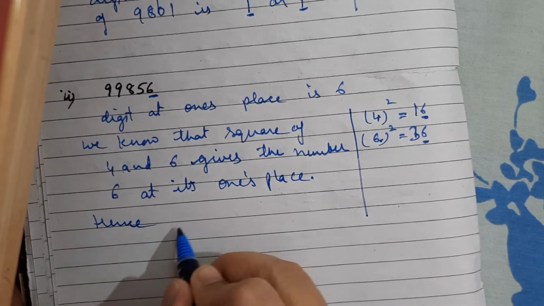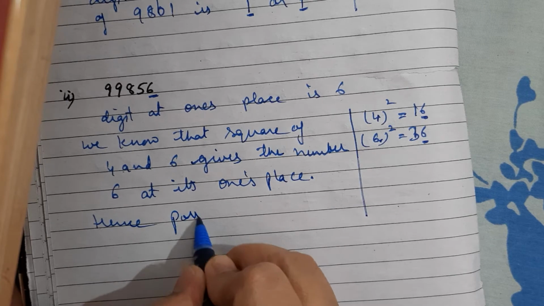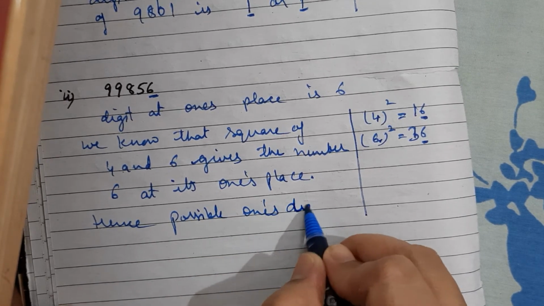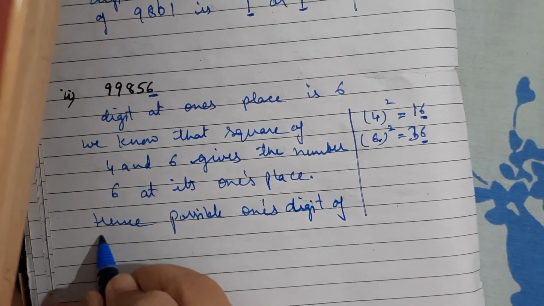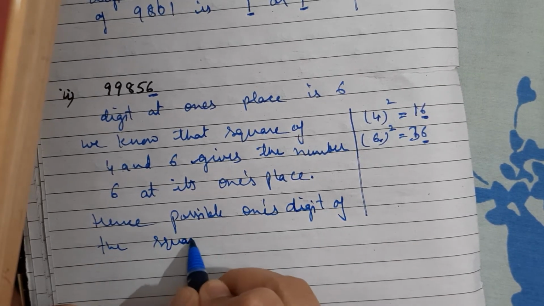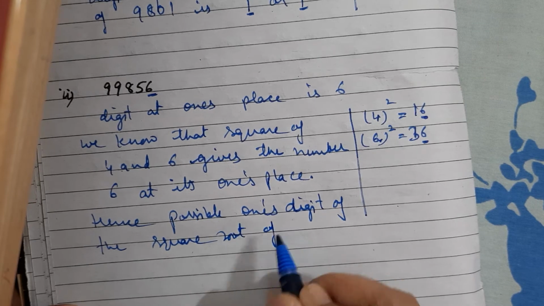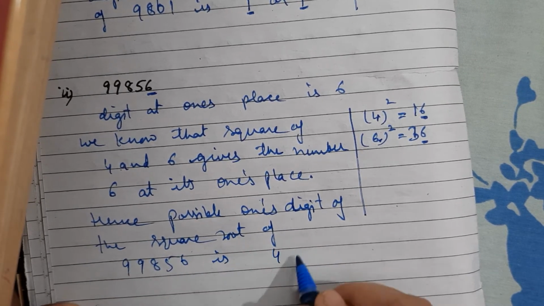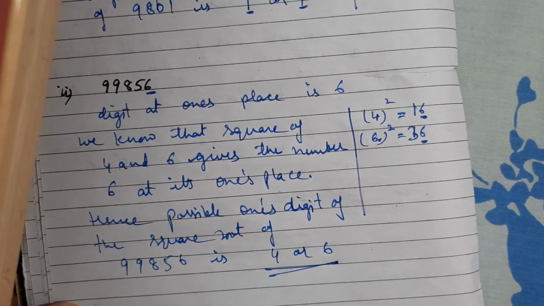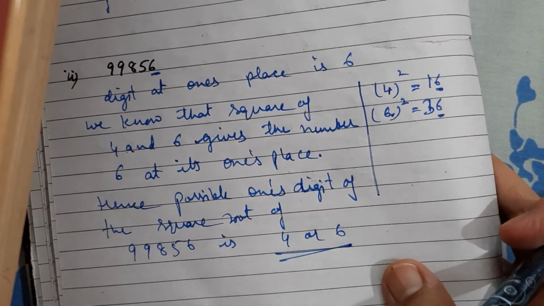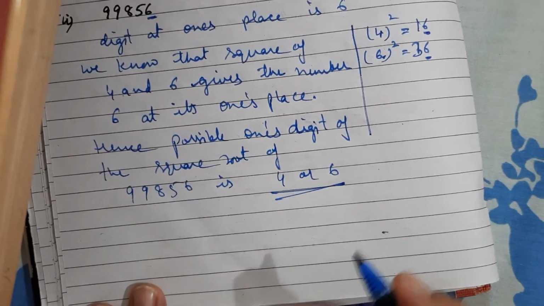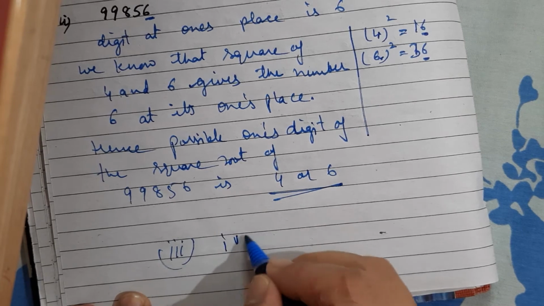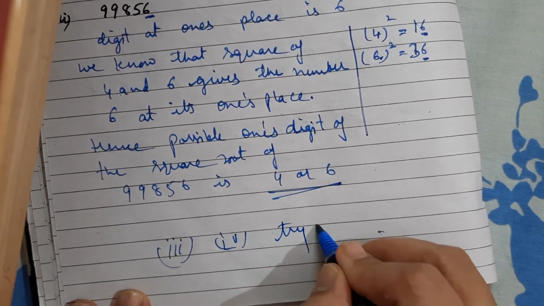Hence the possible ones digit of the square root of 99856 is 4 or 6. So this is the possible ones place digit, right? So similarly you will do the next two parts, third part and fourth part. Try yourself, right?